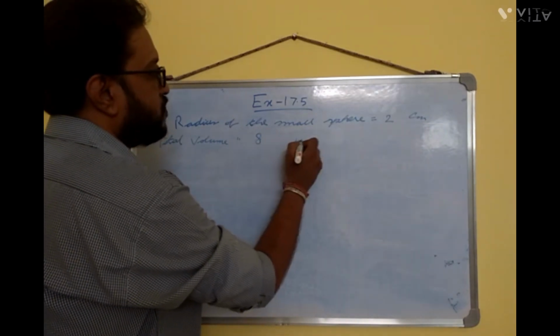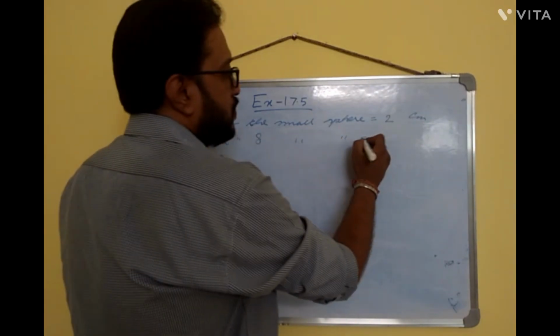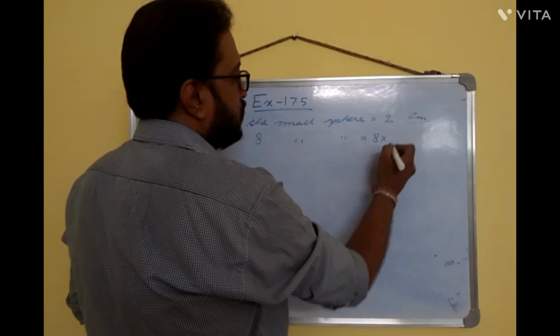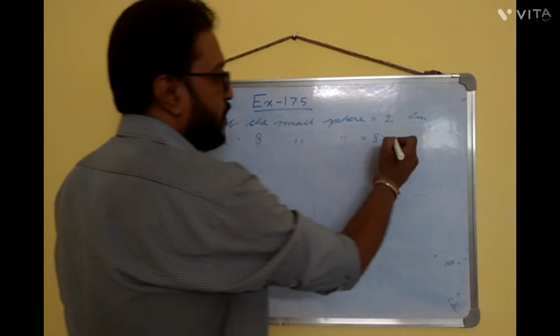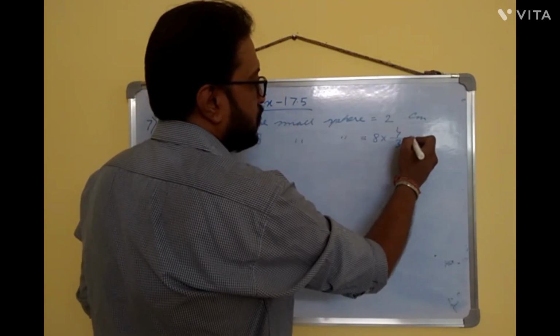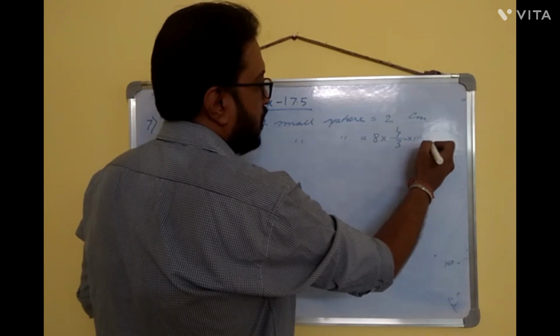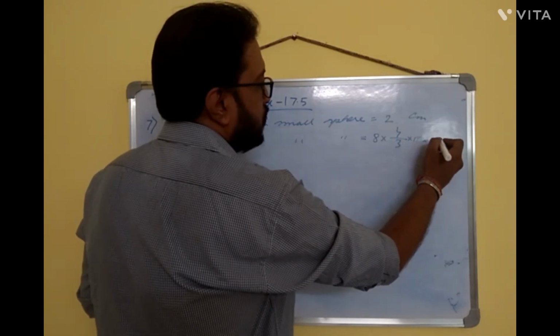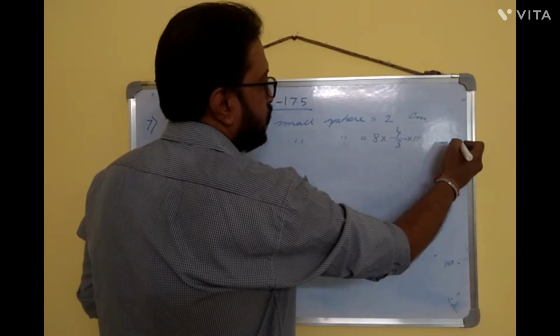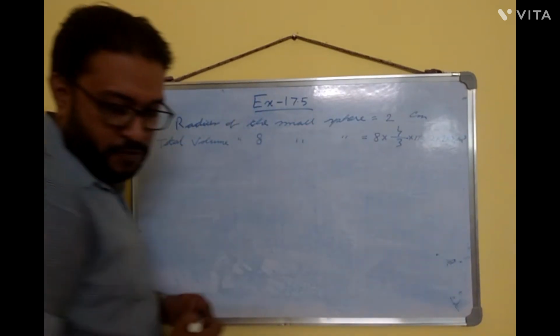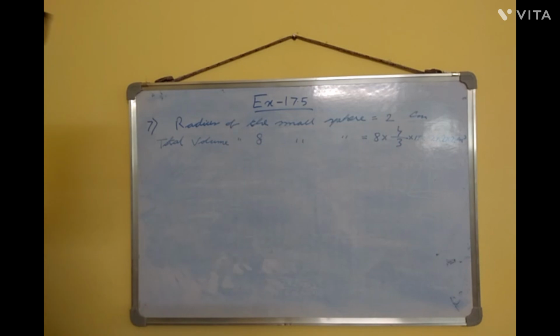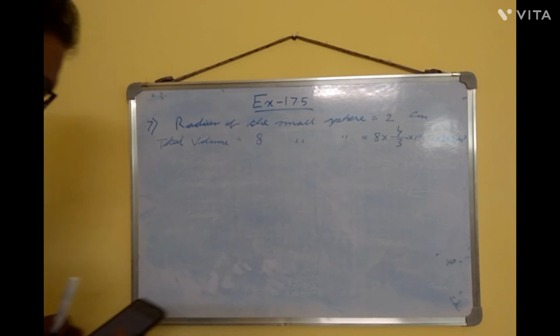Total volume of 8 small spheres will be 8 into the volume of a sphere, so 4/3 pi r cube, that is 2 into 2 into 2 centimeter cube. Obviously, that is the volume of the small spheres. Now we are moving to the next part, that is the bigger sphere.